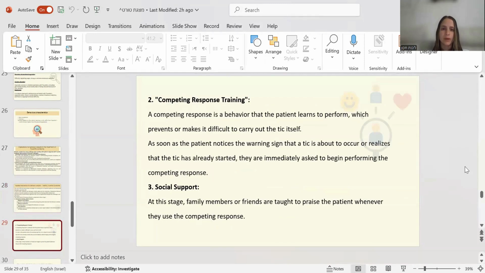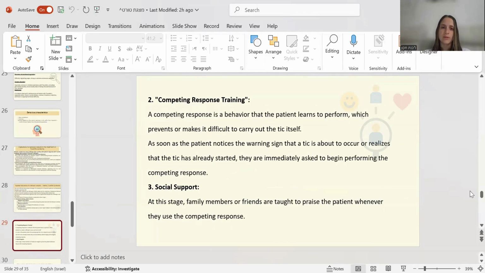Competing response training. A competing response is a behavior that the patient learns to perform, which prevents or makes it difficult to carry out the tic itself.